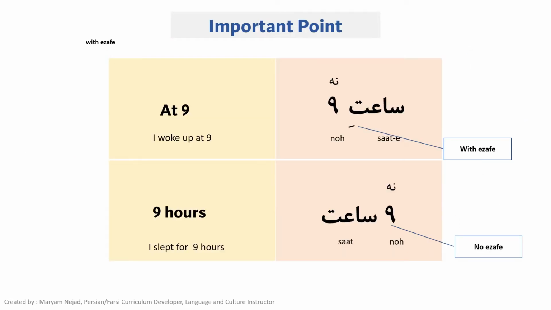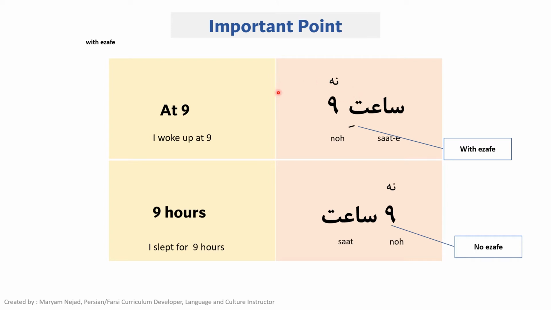So an important point that you need to know is the order of sa'at and the number. For example, if you want to say at 9, whether AM or PM, first we need to say sa'at, then comes number 9 here, which is no. So sa'ate no. That means at 9.